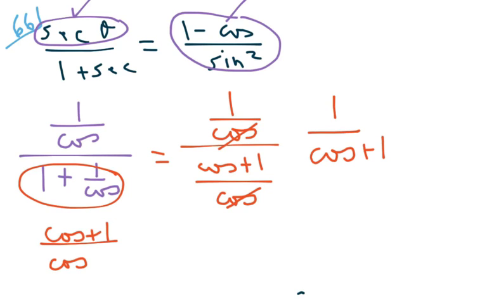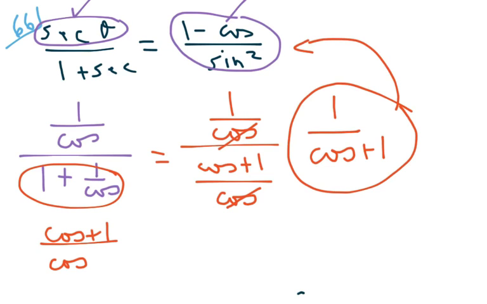Now, still, I don't have this. So what I'm going to do here, and I'll do it on the next page, is I'm going to multiply this by the conjugate.